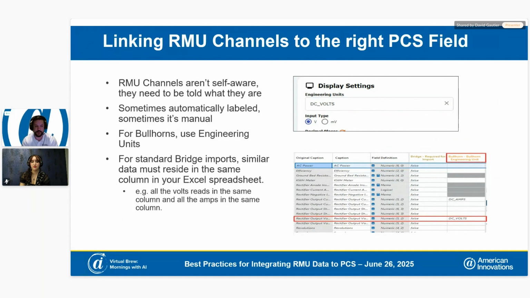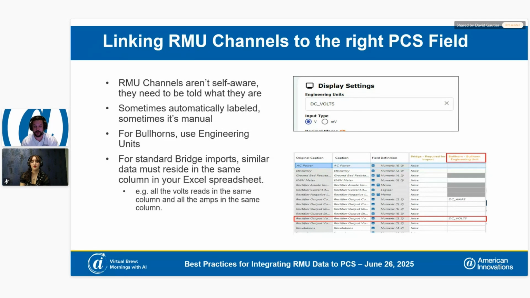Sometimes it's easy to label a channel because these remote monitors can be pre-configured. My channel 1 is always my volts. My channel 2 is always amps. And so I just need to make sure that I'm wiring it up correctly when I'm installing it to make sure that my volts are in channel 1, my amps are in channel 2. But other times, remote monitors aren't prescriptive about which channel is which.